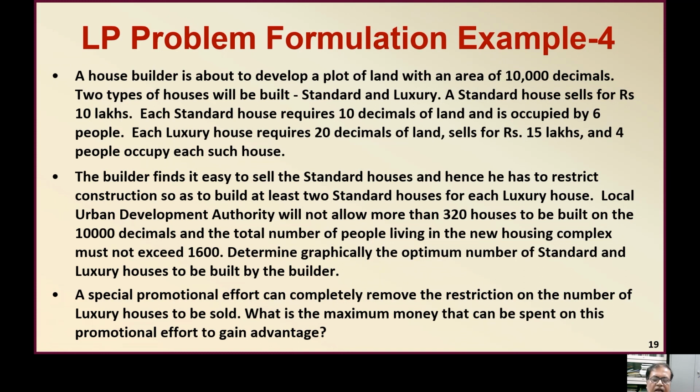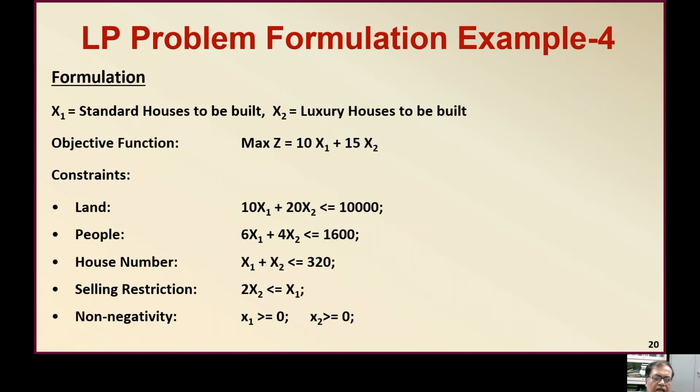Suppose luxury house is 10, standard house is 20, that means 10 into 2, that is 2x2, should be less than or equal to x1. So this is how we have all the different constraints, and non-negativity constraints: x1 and x2 both greater than or equal to 0. So having said that, this is our formulation of the problem.